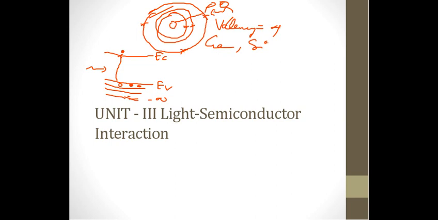When the temperature is more, the electron moves from the valence band to the conduction band. So that we have studied. Now what happens when light is passed onto a semiconducting material? That we can see in detail.